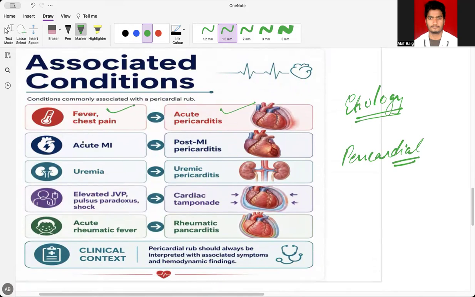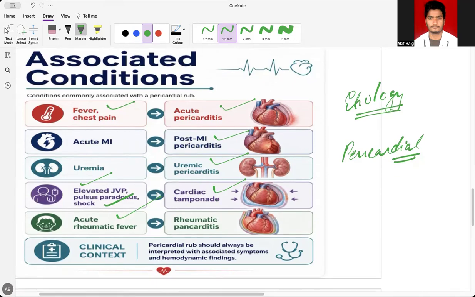If the patient is post-myocardial infarction and has a pericardial rub, you will suspect post-MI pericarditis. Suppose the patient is a known case of uremia or CKD on dialysis, you will suspect uremic pericarditis. If associated with elevated JVP or the patient is in shock, you will suspect cardiac tamponade. And with acute rheumatic fever, you will suspect rheumatic pericarditis.